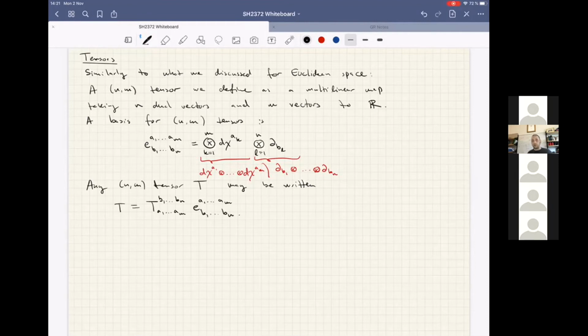So this is a linear combination of all of these basis tensors. So that's how we define tensors on a general manifold. Once we have the basis of the tangent space and the basis of the dual space, we can construct the basis of arbitrary nm tensors, just using this to make a tensor product of those.